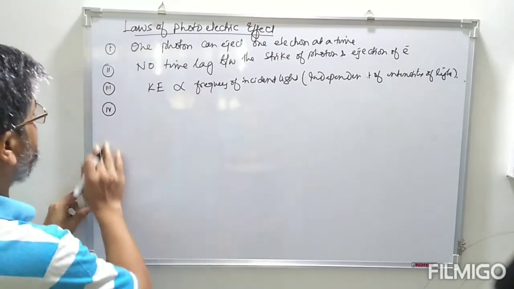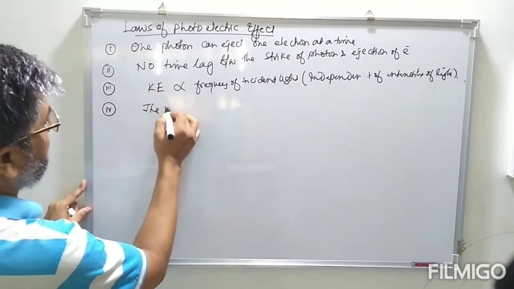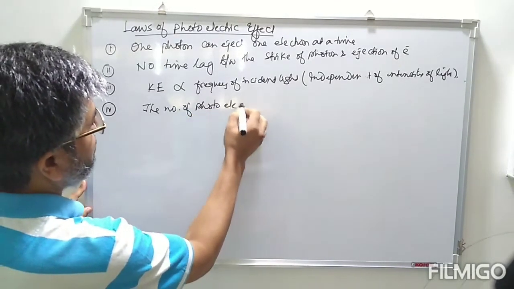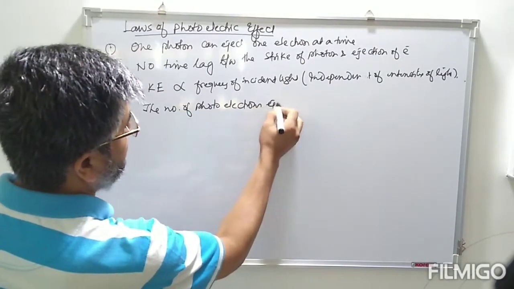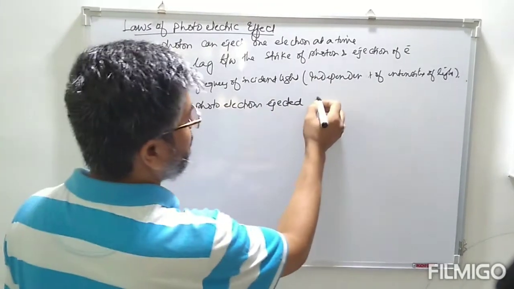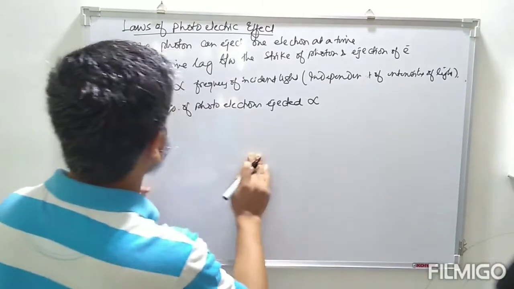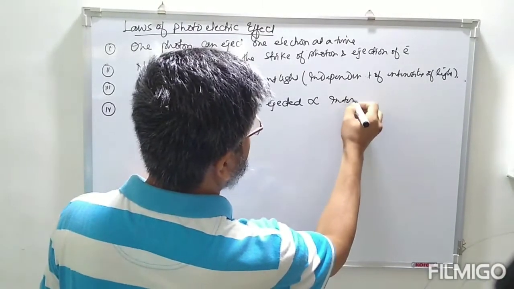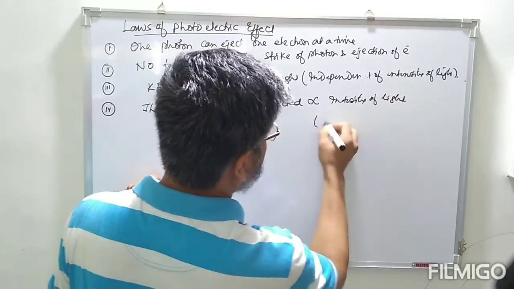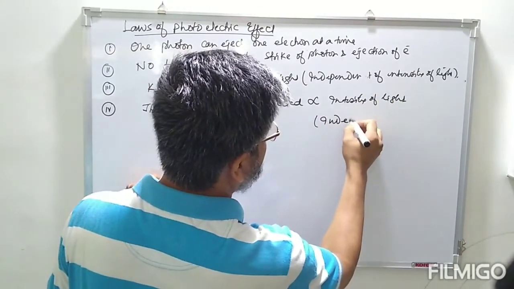Number 4: the number of photoelectrons ejected is proportional to the intensity of light, but is independent of frequency.